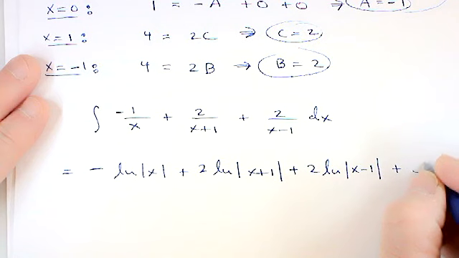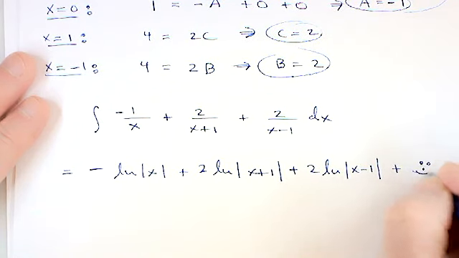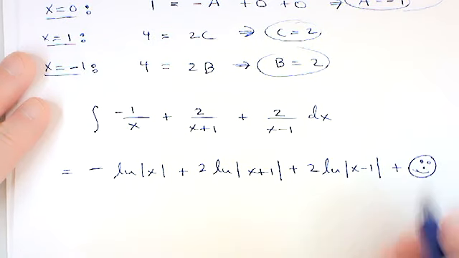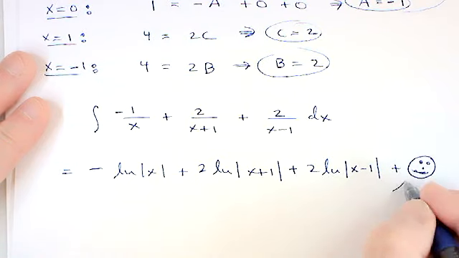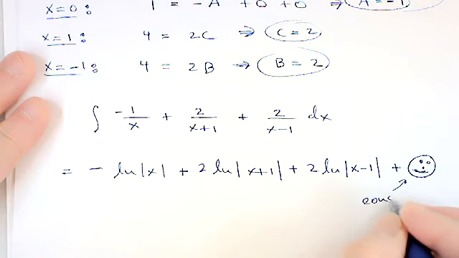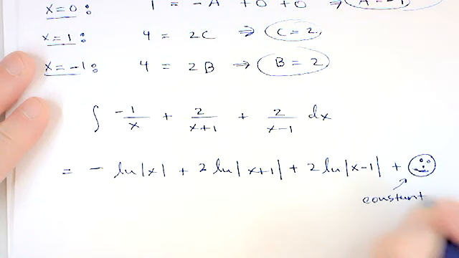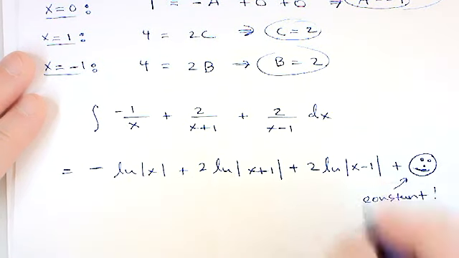Sometimes if you just make your teacher happy and smile, they might be in a better mood when they grade your paper. So maybe instead of plus C, we'll put a happy face here, and we'll just say happy face is a constant. That was constant, that's C.